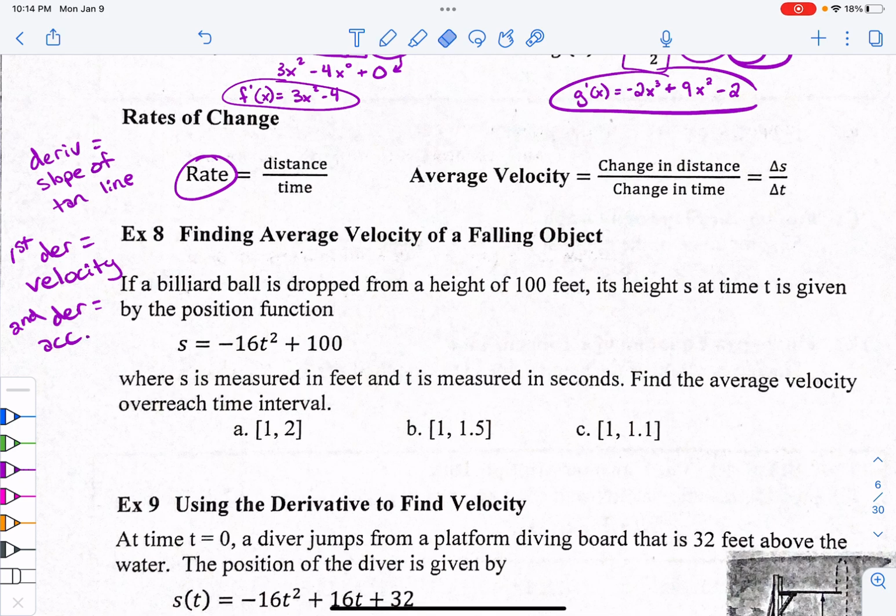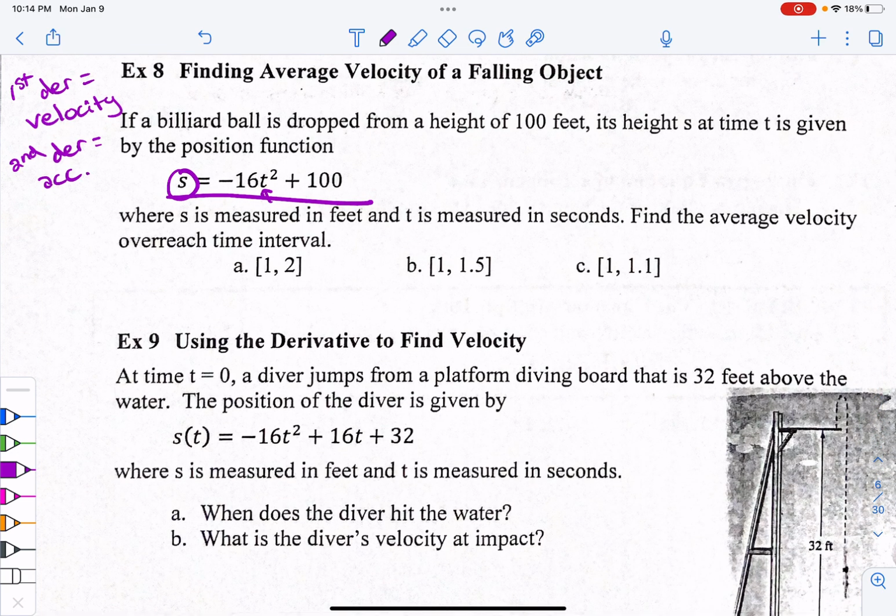If we're just dealing with the function, like this function right here, a billiard ball is dropped from a height. This function is just going to tell me what the height is at a certain time. If I take the derivative of that, that will actually give me the velocity at that specific time. So that's what we're going to do here in a second.